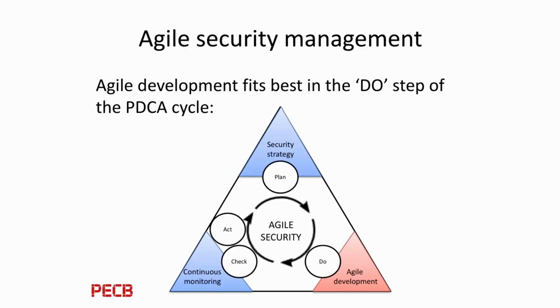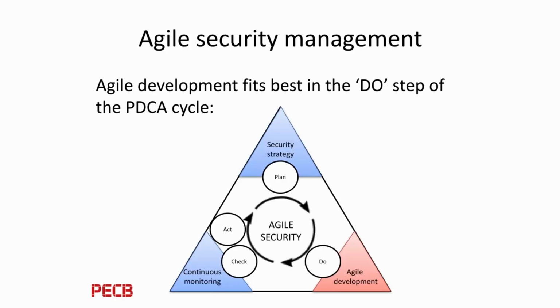So for solving the issues that Arthur has mentioned, we still try to follow the plan, do, check, act cycle of the security management process. And this is because most people working in that area are used to that process model. And so if we plot agile development in that model, what we see is that it fits in the do phase, there where you implement the security measures.